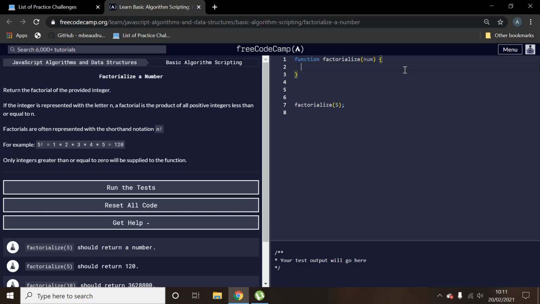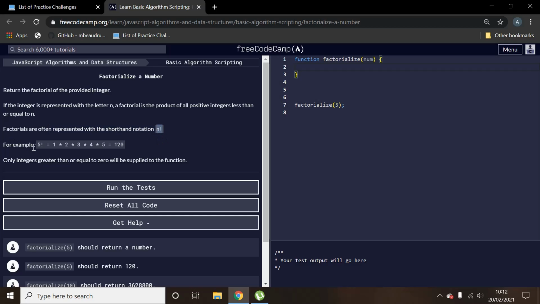Return the factorial of the provided integer. So what is the meaning of factorial? If the integer is represented with the letter n, a factorial is the product of all positive integers less than or equal to n. Factorials are often represented with the shorthand notation n exclamation mark.